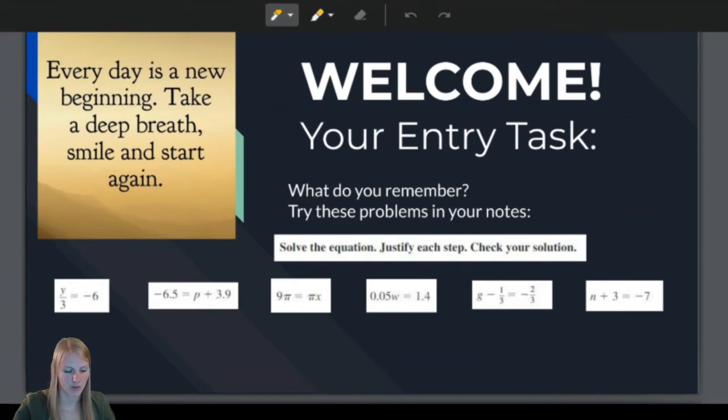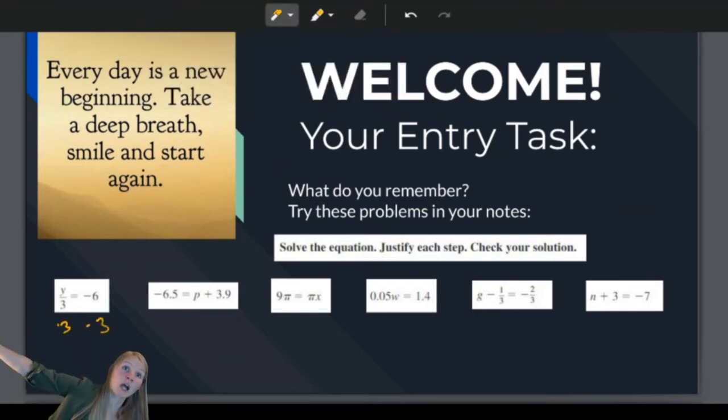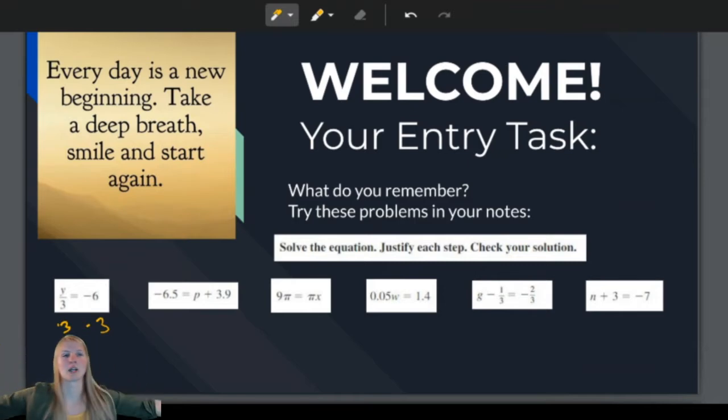Okay, so first we have y divided by 3 equals -6. What is the opposite of dividing by 3? Multiplying by 3. So I'm going to multiply. Let's make that a little bit bigger. Multiply by 3. And remember, if I do it to one side of my teeter-totter, I gotta do it to the other.